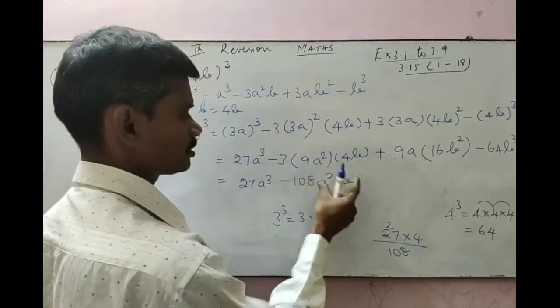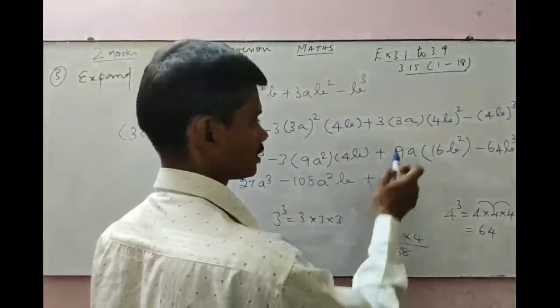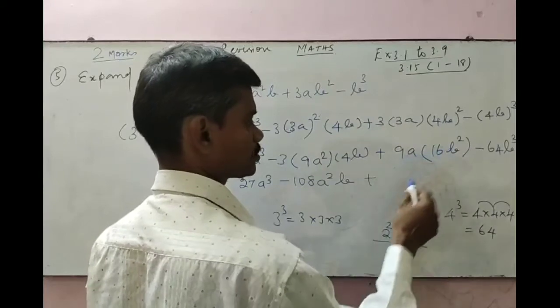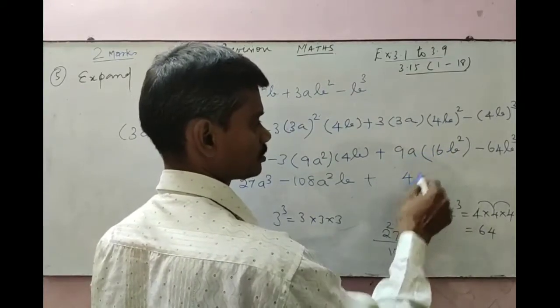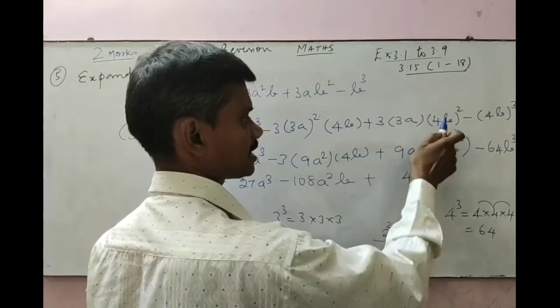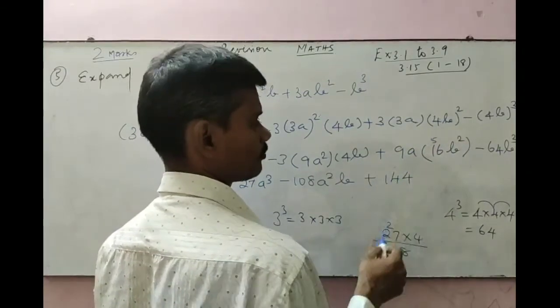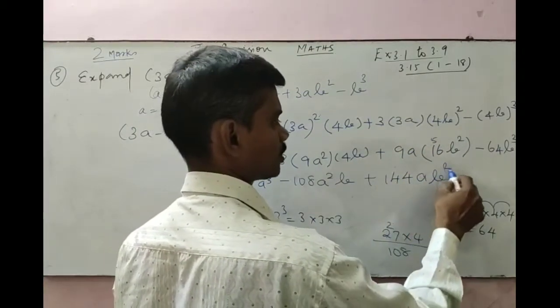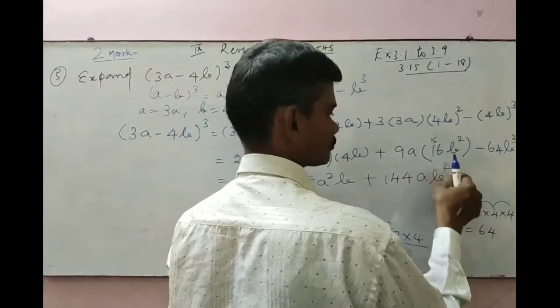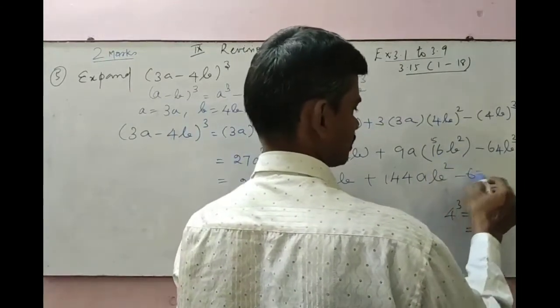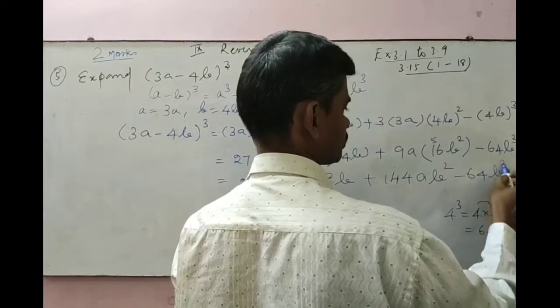A square and b comes as it is. Here 9 into 16. 9 6s are 54, remainder 5, 1 9 is 9, 9 plus 5, 14. So 144 a b square. Then the last term is already simplified, 64b cube.